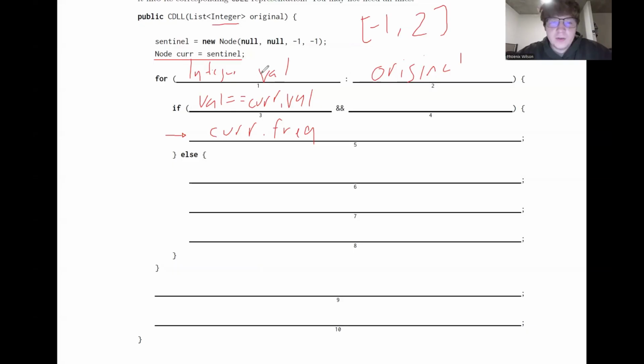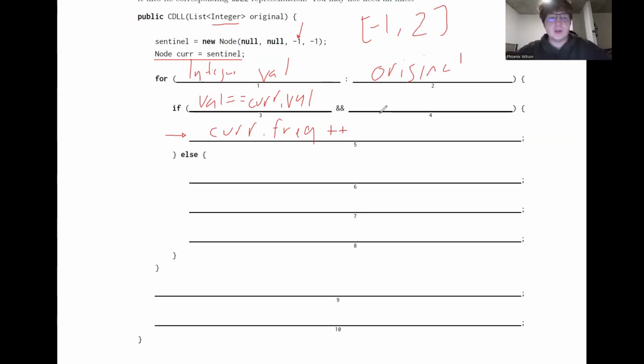So starting off, our val will be set to -1, and then initially, -1, well, what's cur.val? Well, cur.val is sentinel.val. Sentinel.val is this right here, which is -1. So we have -1 is equal to -1, which is true. So then we'll increment, forgot to put the increment sign here, cur.frequency, which is just sentinel.frequency.